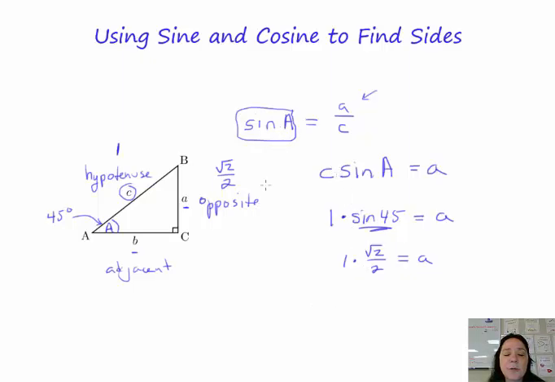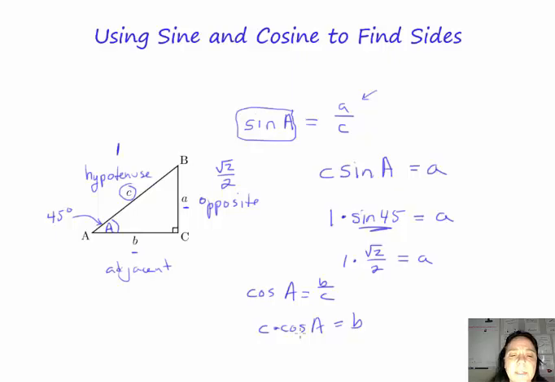So I can use a similar line of reasoning to find the length of side B. The cosine of angle A is the adjacent, which is B, over the hypotenuse, which is C. So if I multiply by the hypotenuse, then I get C cosine A is equal to side B.